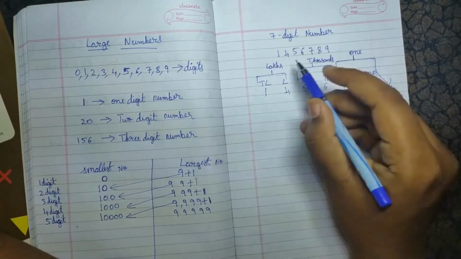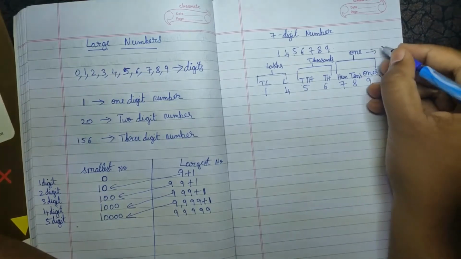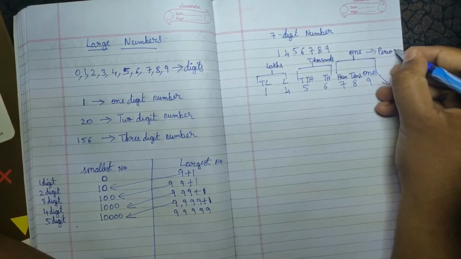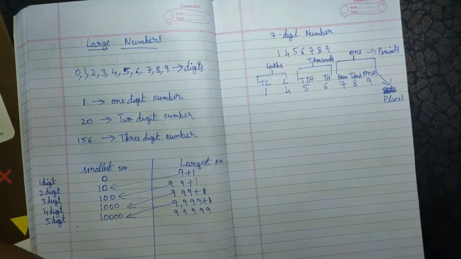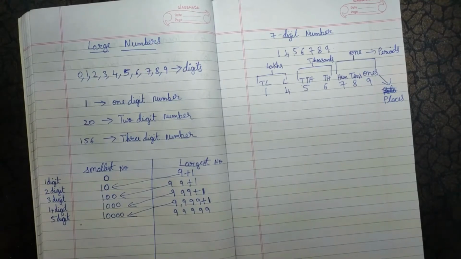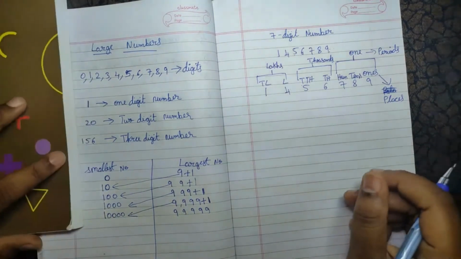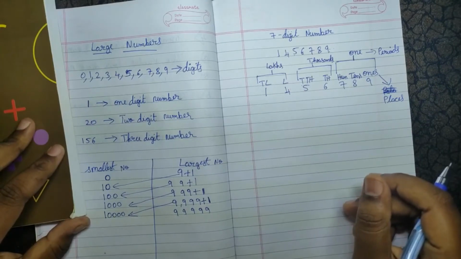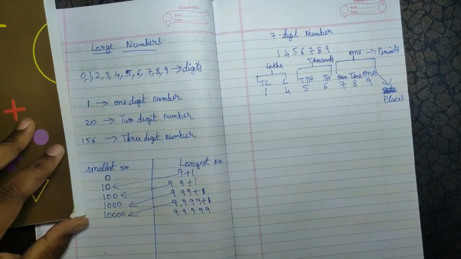Ones, thousands and lakhs are called what? Yes, they are called periods. Okay, they are called periods. Now why do we need these periods? Let us see. While reading a number, how will you come to know how to write it in word form?